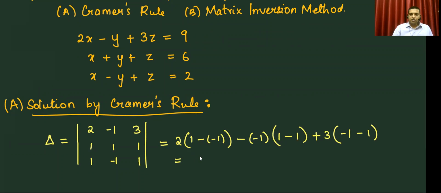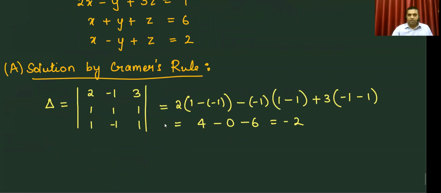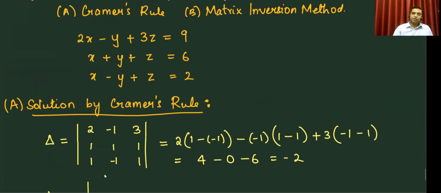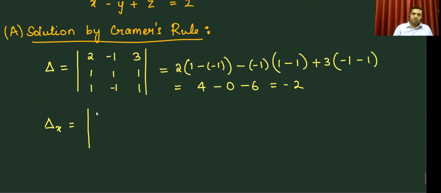So you get 2 into 2, 4, minus 0, minus 6, which is -2. Now what is delta x? Replace coefficients of x by constants 9, 6, 2 and keep the other coefficients as they are.